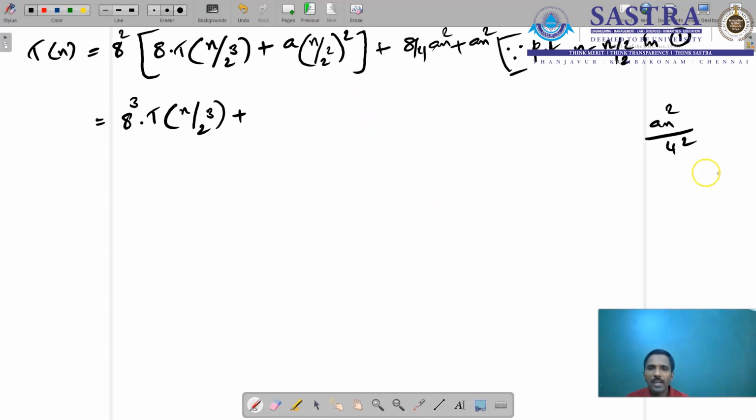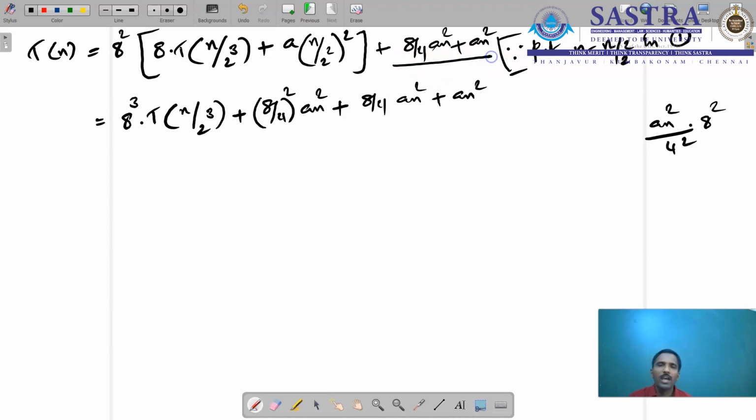This is already multiplied with 8 squared, so we can write it as (8/4)² into a n². Then the last two terms, 8/4 a n² plus a n², are written as they are.